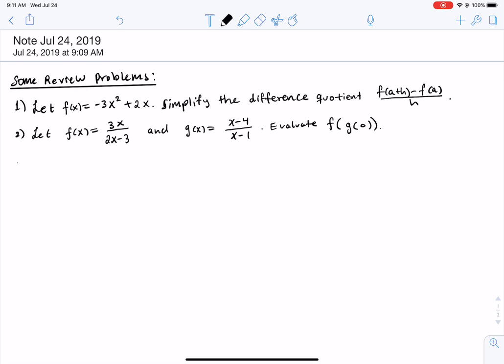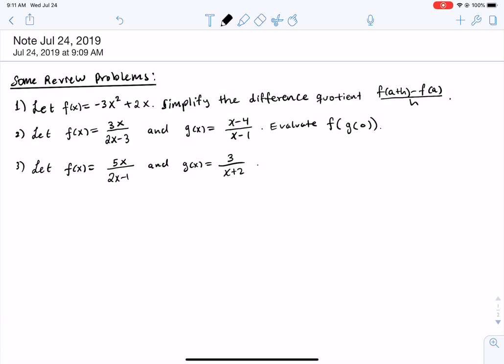And number 3, let f of x be equal to 5x over 2x minus 1, and g of x is equal to 3 over x plus 2.